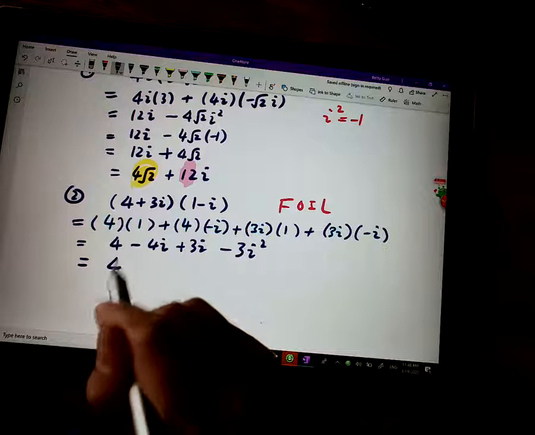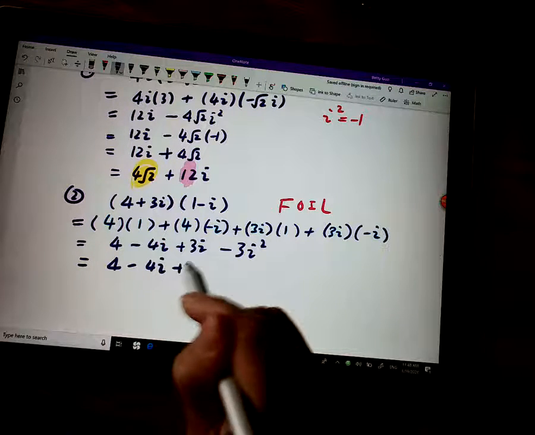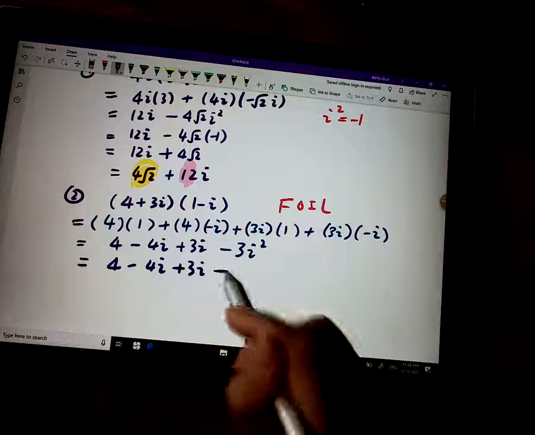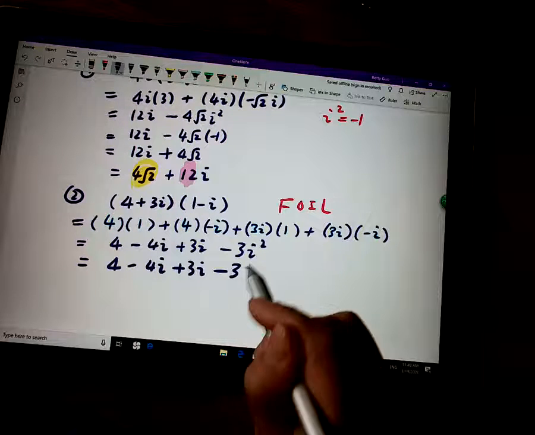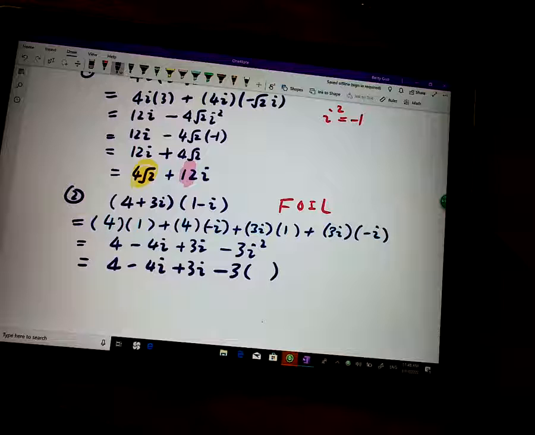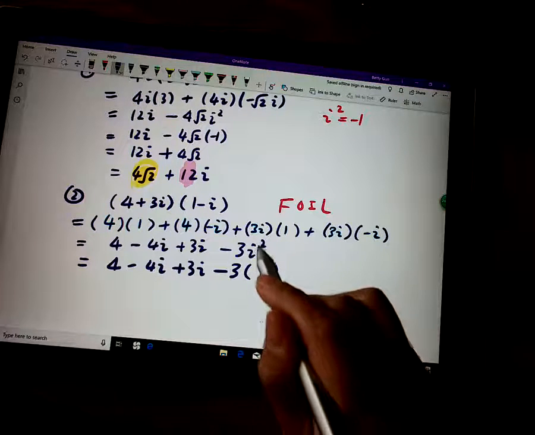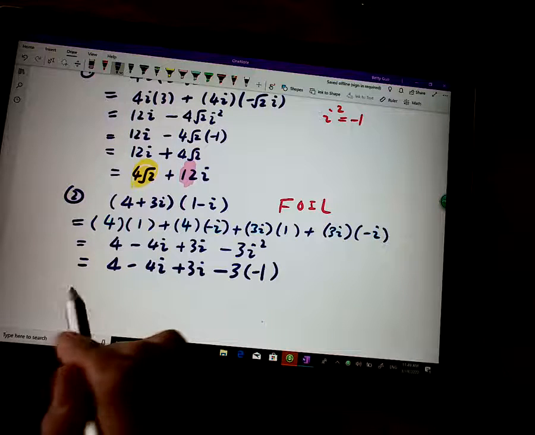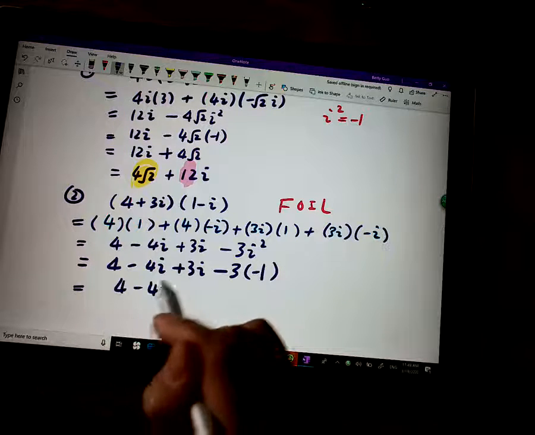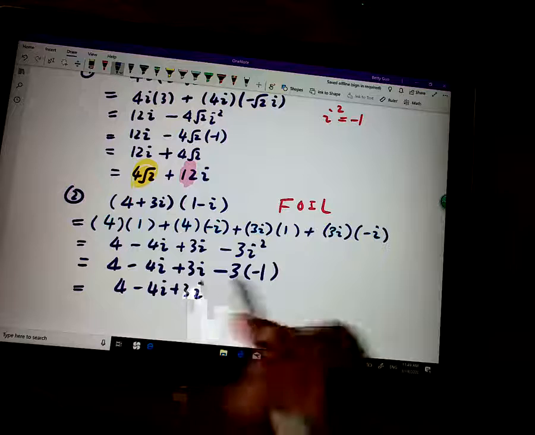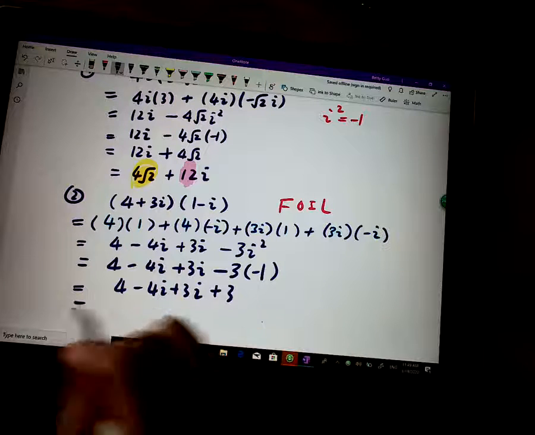Hope you know that. 4 minus 4i plus 3i. Copy everything. But yeah, all I do in this step is to replace i squared with the negative 1. And I have 4 minus 4i plus 3i, negative, negative, positive.